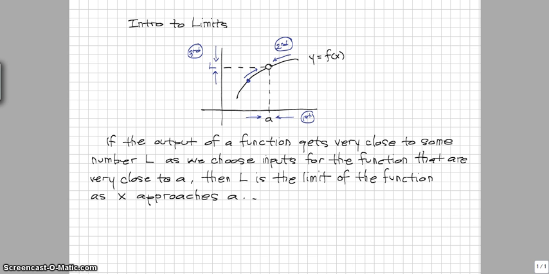So there's our description of what it means to have a limit.